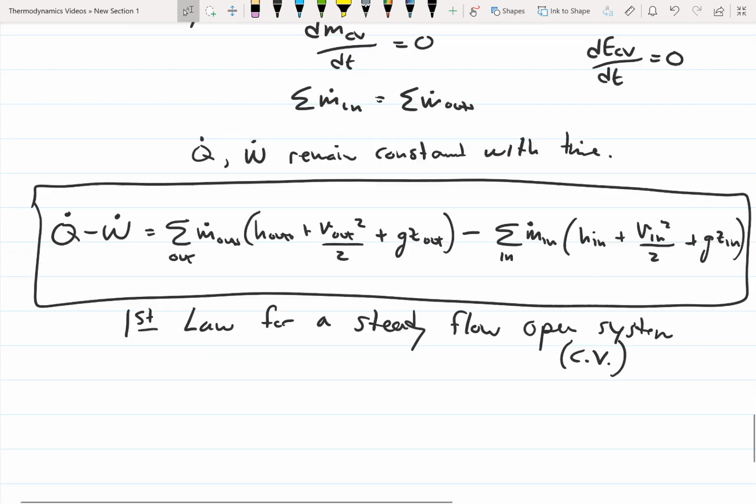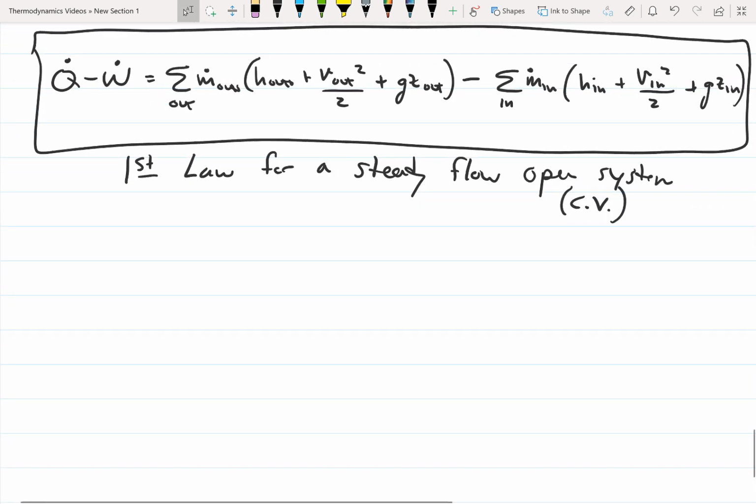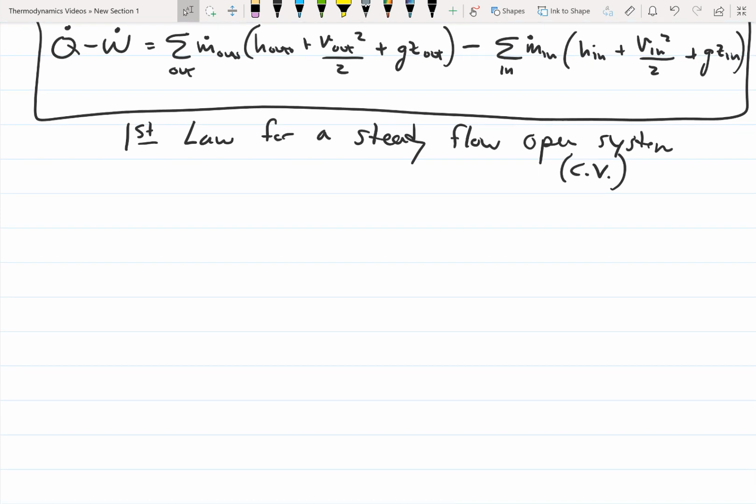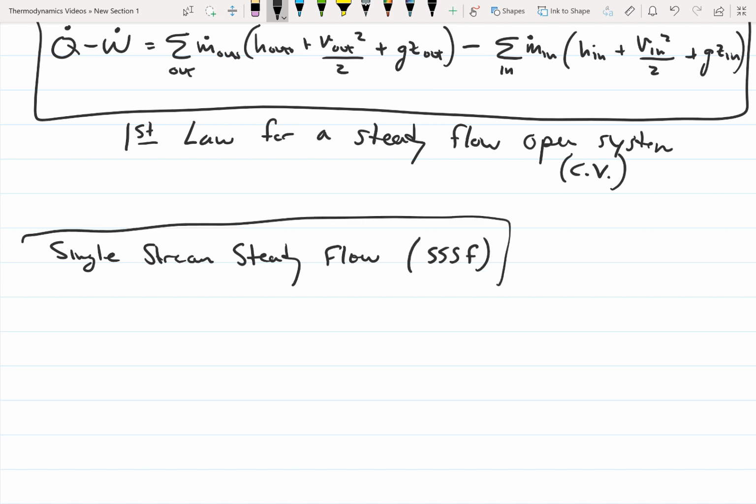Now let's look at the case for a single stream steady flow, which is often written as SSSF. We can drop the summations because if we only have one stream in and one stream out, we really only have one, so we don't have the summations anymore.